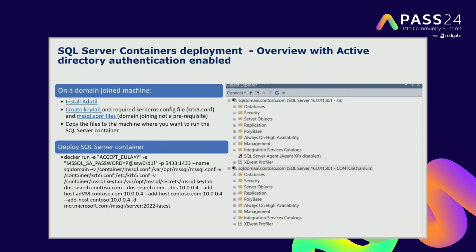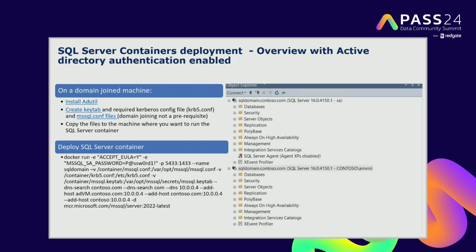If it isn't, there are steps provided in Microsoft official documentation that you can follow. Once you have the server joined to the domain, you just install AD-util, run 2 commands, and create a file called keytab. Think of keytab as the file that has SPN and user information to be able to connect to the Active Directory. Provide that keytab path to SQL Server through MS SQL config.